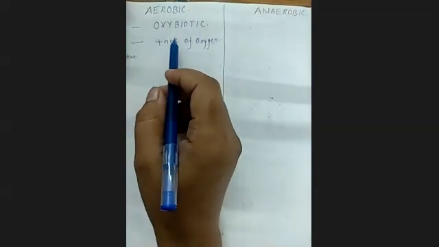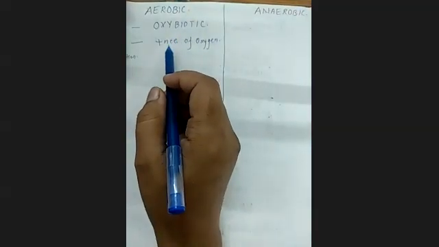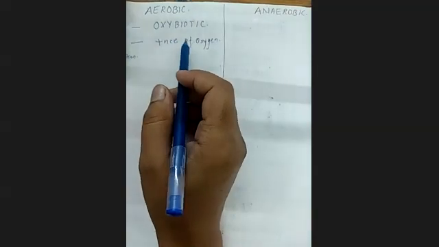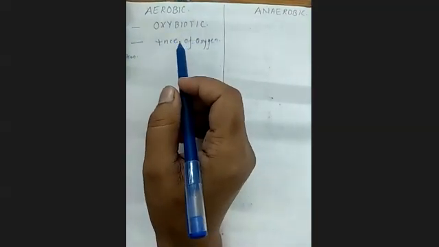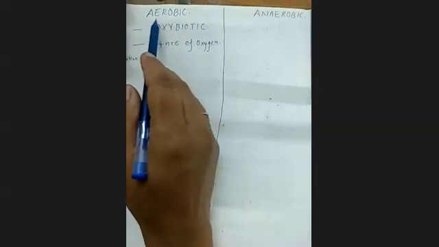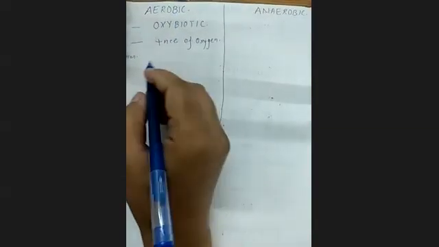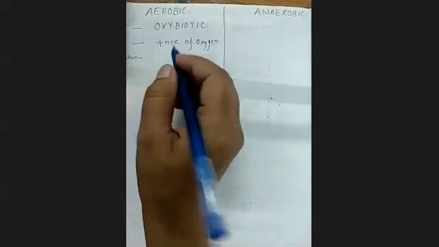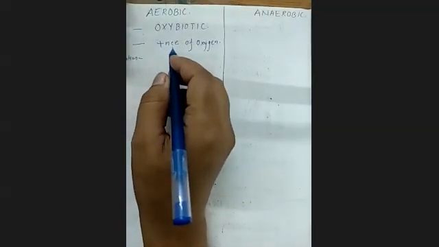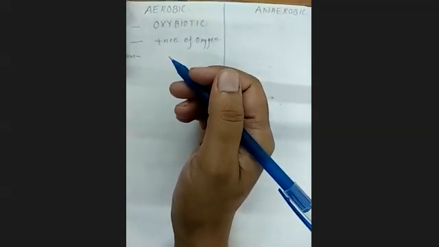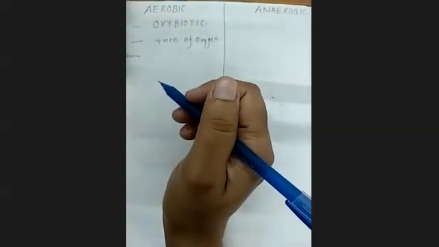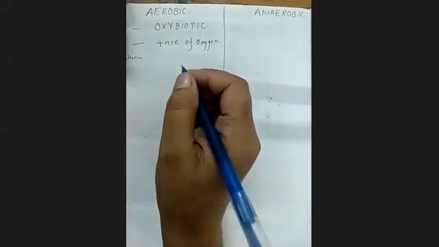That cell requires the presence of oxygen if it has to undertake aerobic respiration. In the human body, the location for respiration is the lungs, the respiratory system.